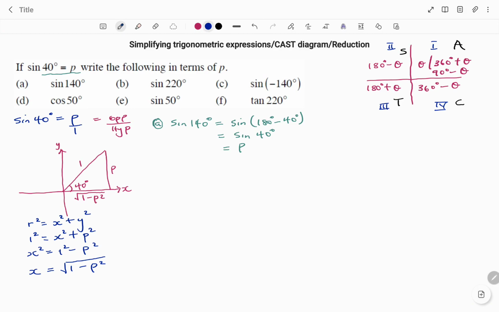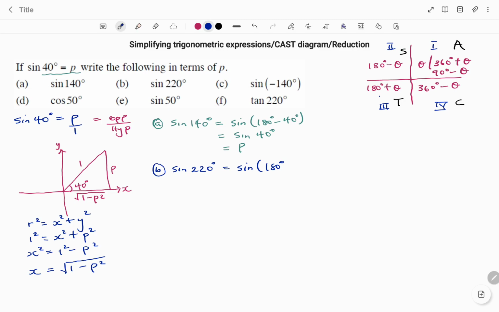Going to the second part of the question, I have B, find sine 220 degrees. If I go back to my CAST diagram, sine 220 degrees, that's more than 180, so that falls in the third quadrant. So using the reduction formula, I'm going to have sine 180 degrees.